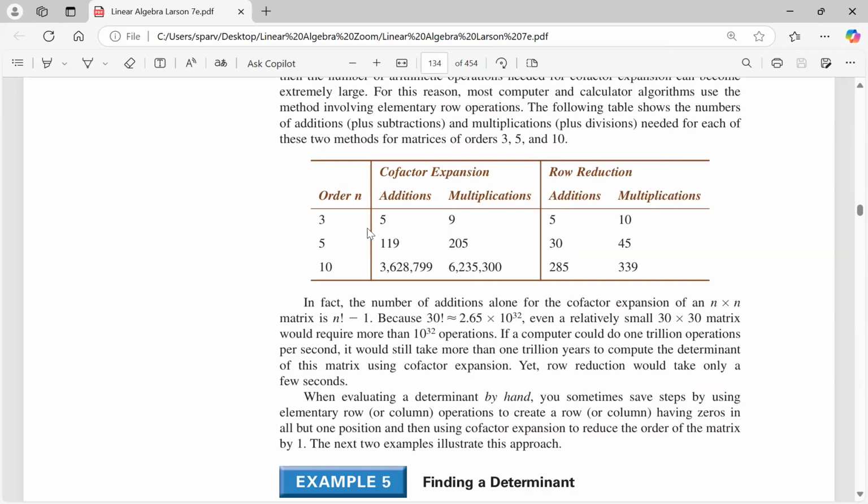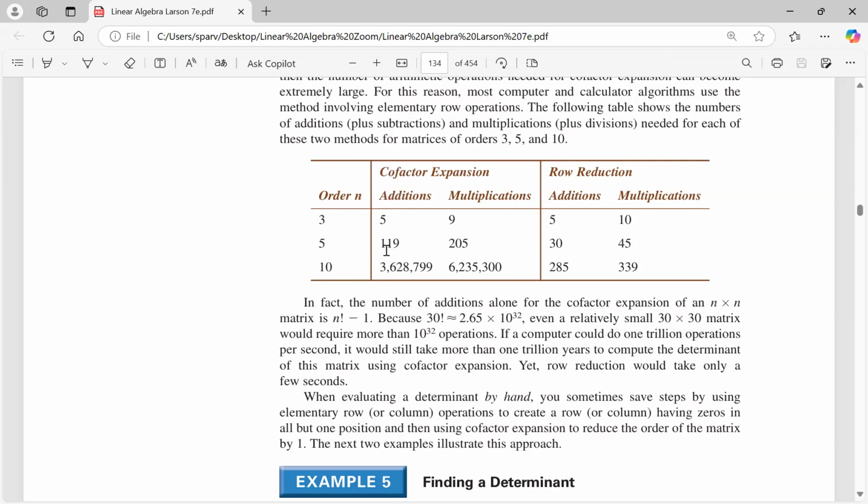Now, check this out. For the 3 by 3, it really doesn't make a difference. Small systems, whatever you do, it's not going to matter much. Let's make the matrix 5 by 5. To find the determinant of a 5 by 5 matrix, you're going to end up doing 119 additions.